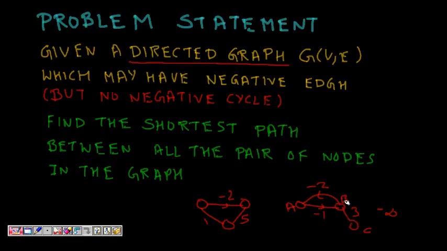So my shortest path will be -infinity. This should not be in the graph, but it can have negative edges. Our question is, find the shortest path between all pairs of nodes in the graph.